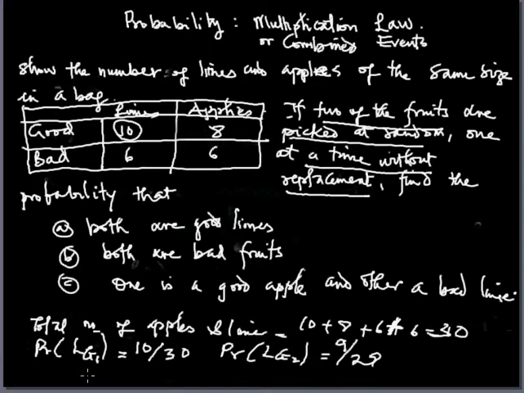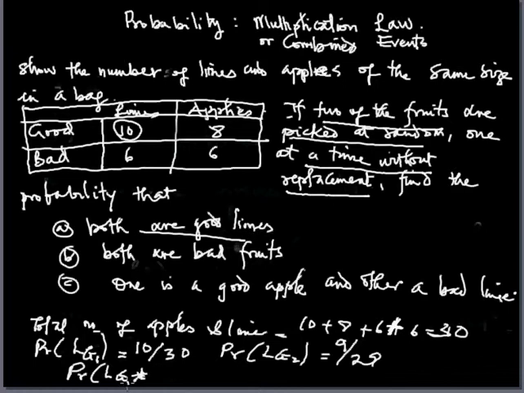So what's the probability that both are good limes? Why do we use multiplication and not plus? Because both are good limes, that means at the same time they want you to find the probability when two are chosen at the same time.